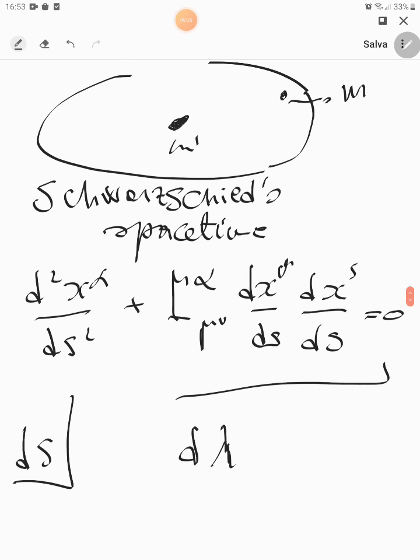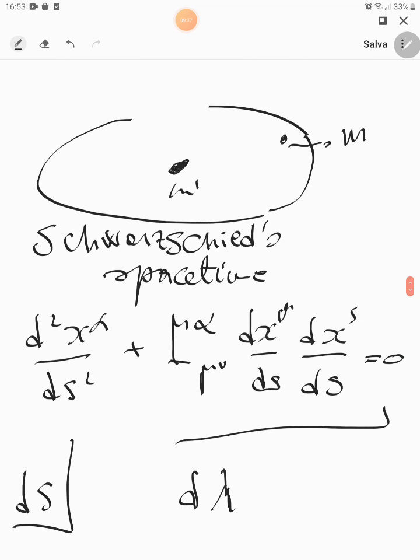So in this lesson we are going to describe the motion of a particle in a Schwarzschild metric, but this particle can be a photon or an electron. Of course, we don't study quantum effects on this particle.